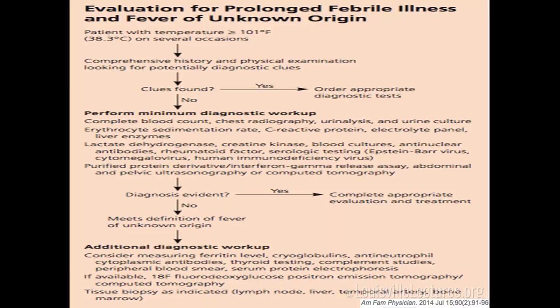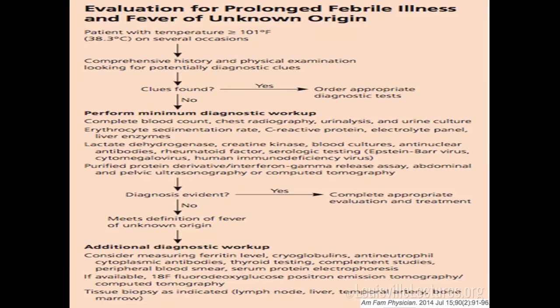You first have to establish that there's a fever going on for a period of time. Then you go into your comprehensive history, and you're going to look for clues. And then if things point you in a certain direction, that's what you're going to go for. If you have a suggestion of endocarditis, an AICD perhaps, or something that points to an endovascular infection, obviously you're going to go after that.